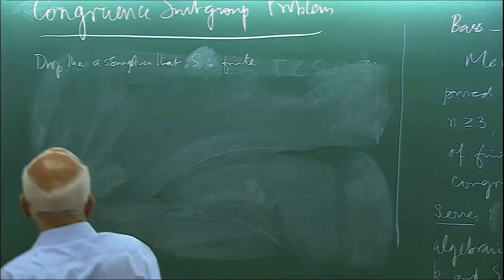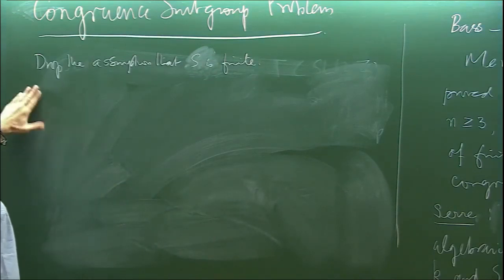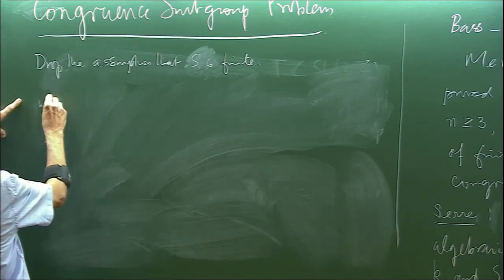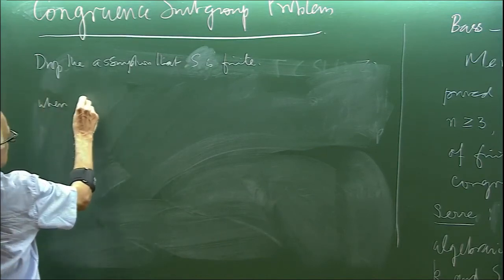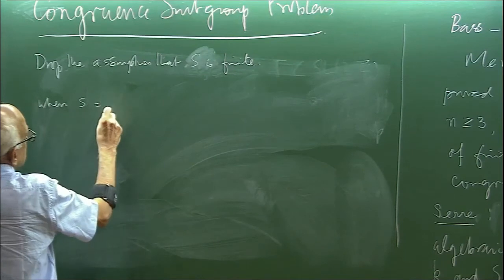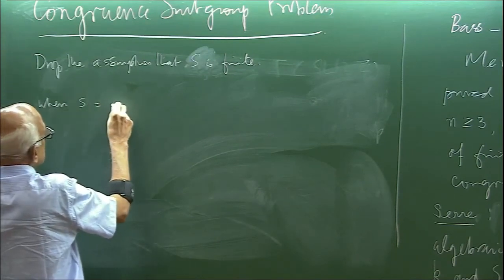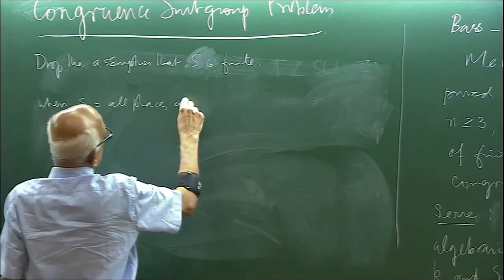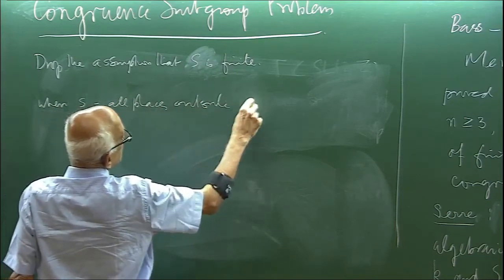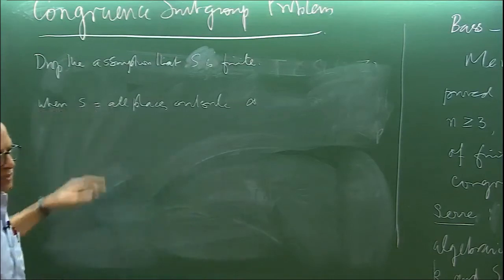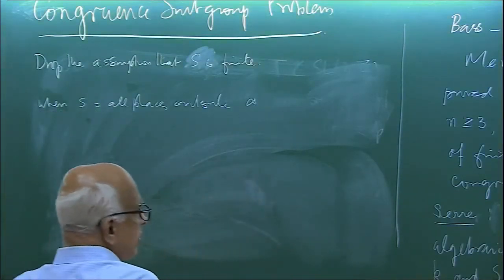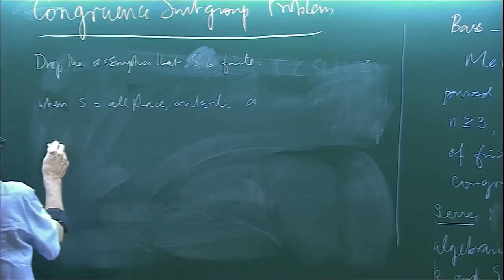Take the case when S is the complement of infinity, all places outside the Archimedean places. Take this extreme case, everything possible. In this case, the question is, look at GK.